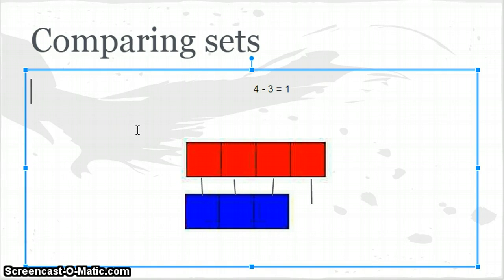In the red train, I see 1, 2, 3, 4 cubes in this train. And in my blue train, I have 1, 2, 3.